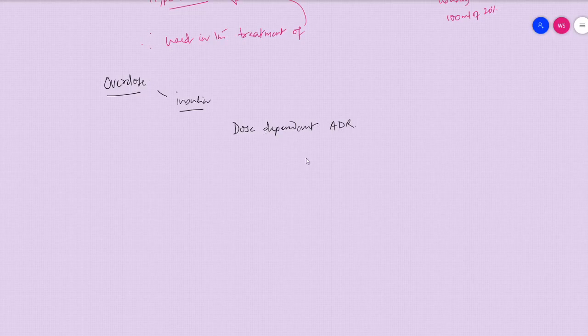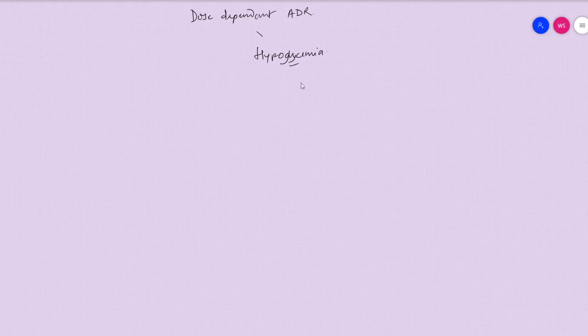What's going to happen is there's going to be hypoglycemia. So how can you correct hypoglycemia? Yes, by replacing dextrose, or give sugar. People who are on insulin should be instructed to carry candy.